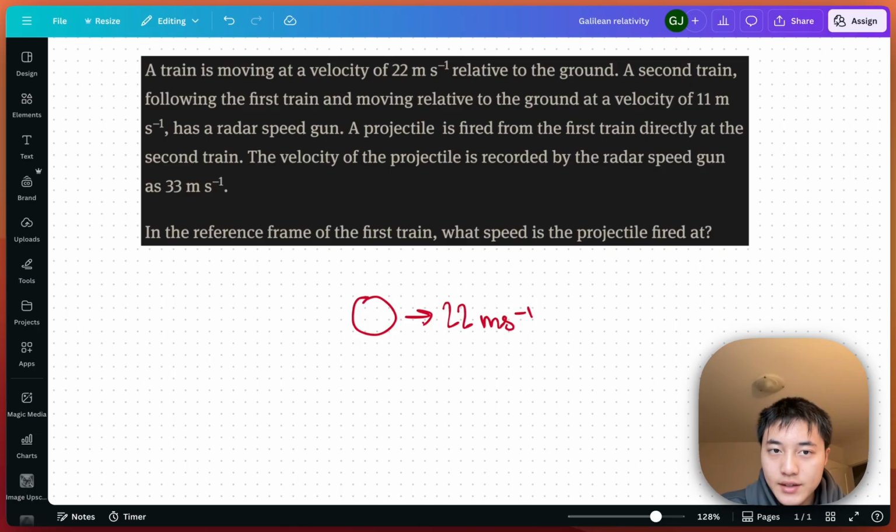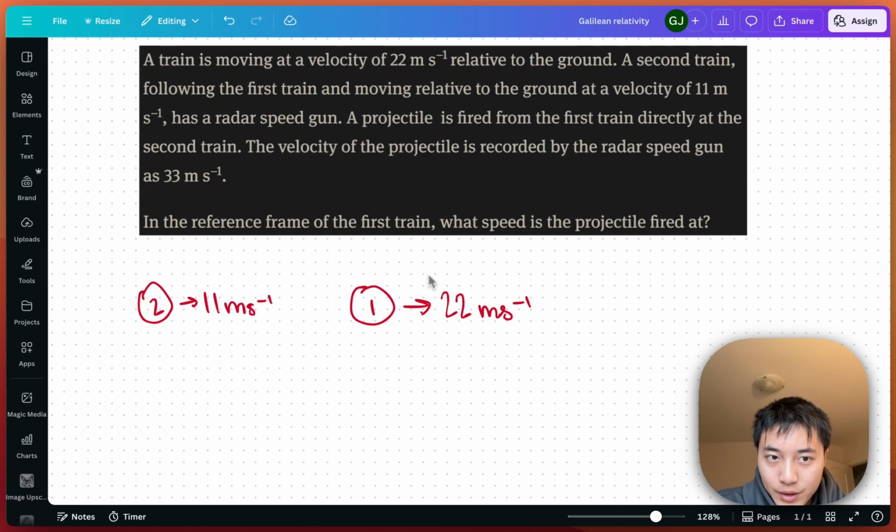And a second train following, okay, so this is number one. And there's a second train following the first train with a relative velocity to the ground of 11.